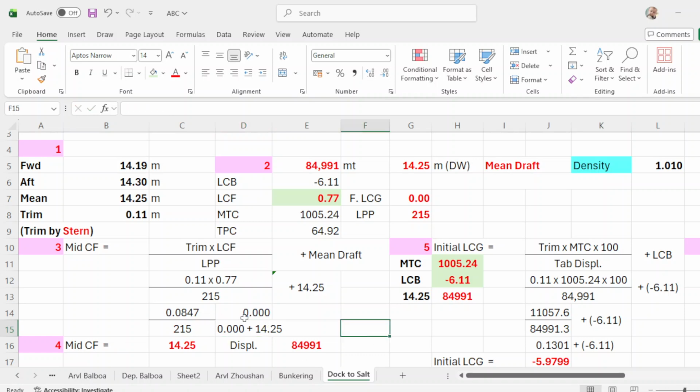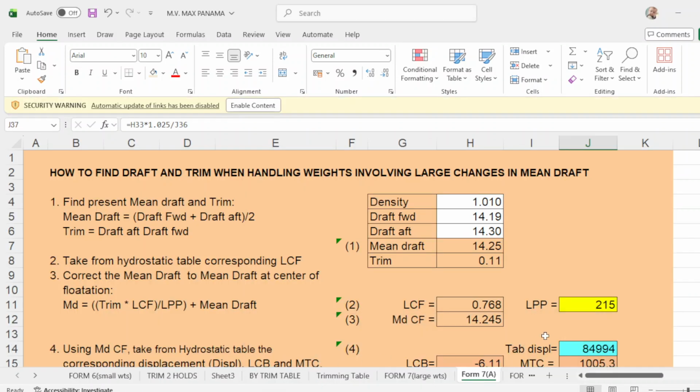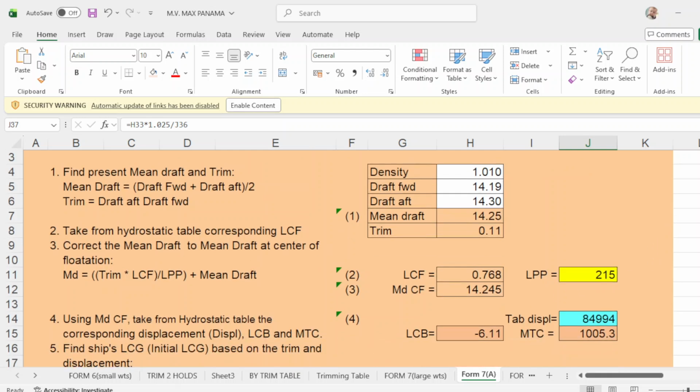Okay, so 0, add your 14.25 mean drop, then your mid center rotation is 14.25, and your displacement is 84991. Okay, so your displacement here, mid center rotation, is 14.25 or 245. It's already run off.